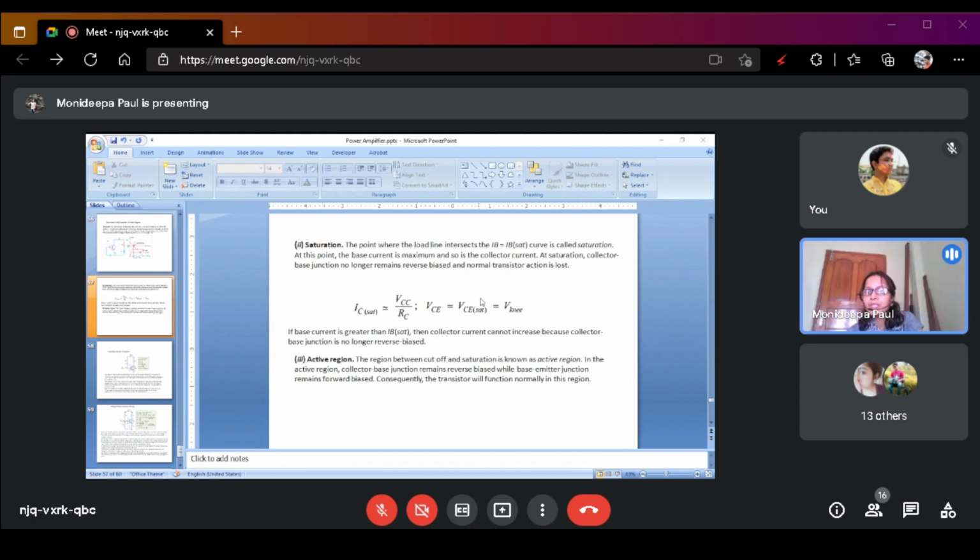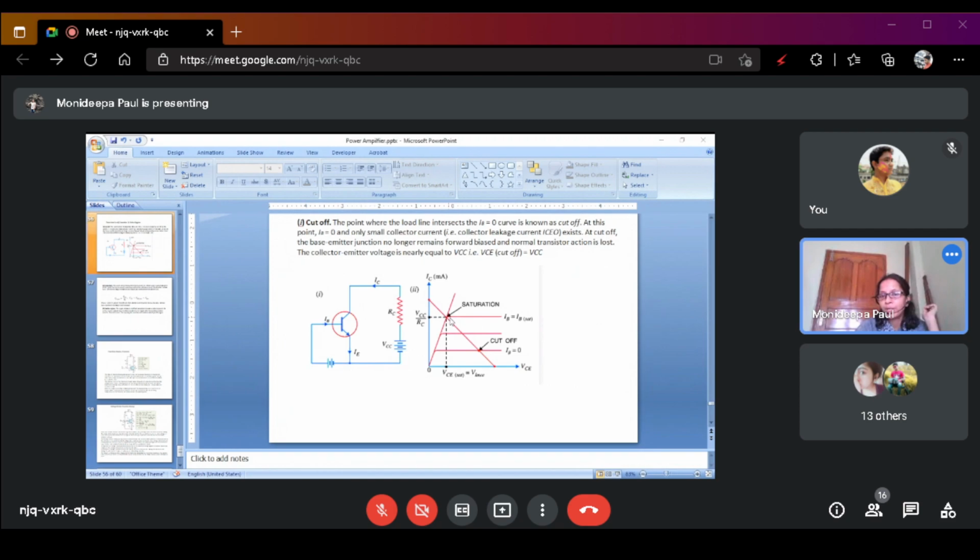If base current is greater than IB saturation, then collector current cannot increase because collector base junction is no longer reverse biased. This condition is called saturation condition. We get this point. IB is equal to IB saturation, VCC by RC is the IC current, and this is the saturation point.